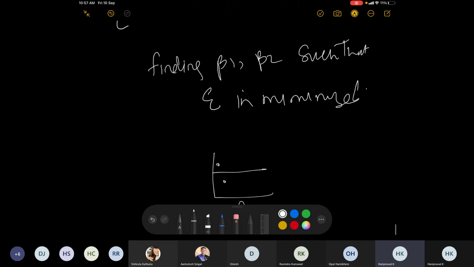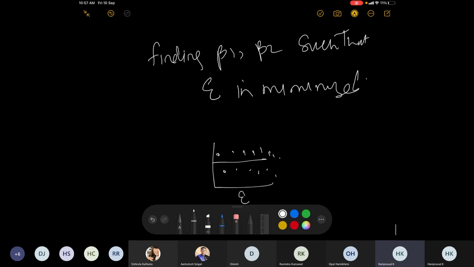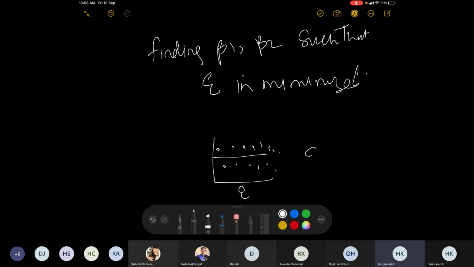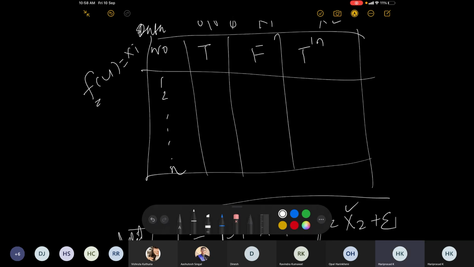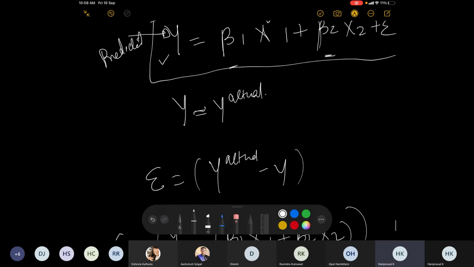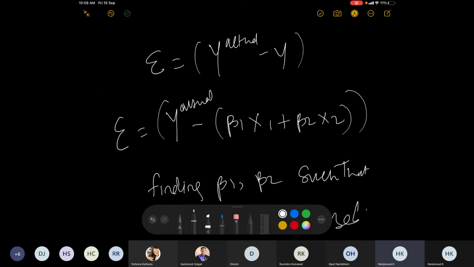Sometimes this error can be positive, sometimes negative, and so on. So you are trying to minimize the cumulative error. Because you have n sample points, and this is just one sample. So let's say I'll put here sample i.